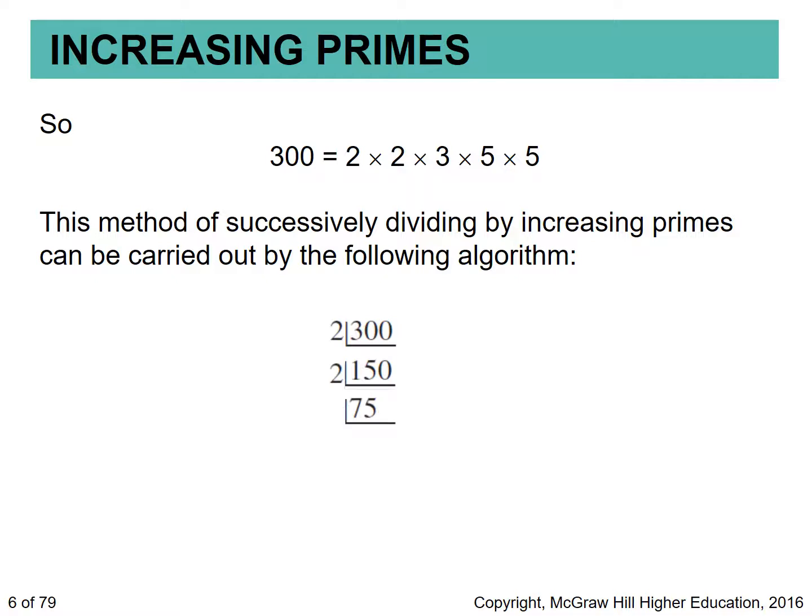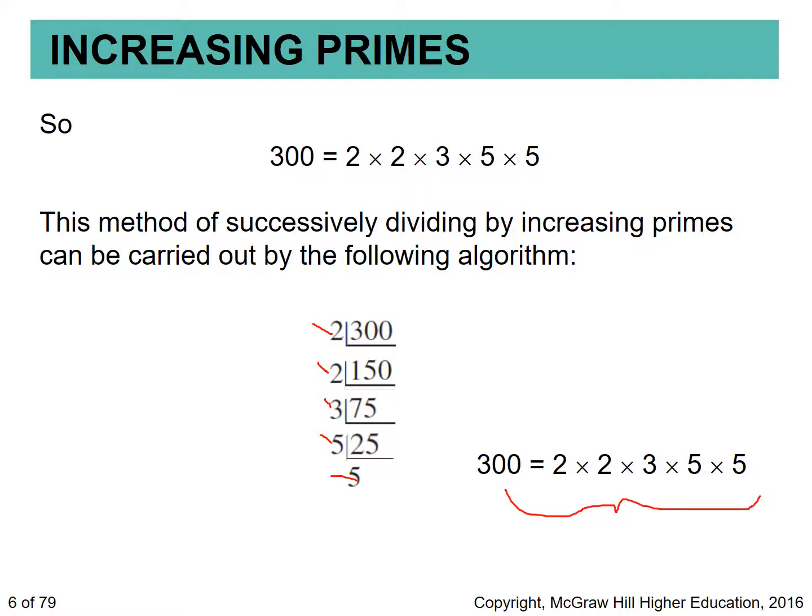Will 2 go into 75? No, but 3 will. So we divide it by 3, we end up with 25. So we've taken all the 2's out. 3 will not go into 25, so we've taken out the 3 we can, but 5 will, and that leaves us with 5. So if I take these numbers, 2, 2, 3, 5, and 5, that's where I get the prime factorization.